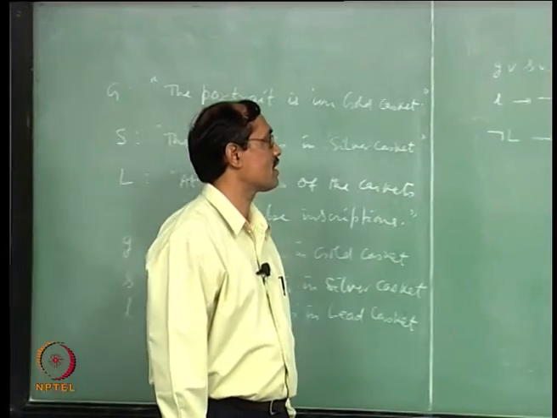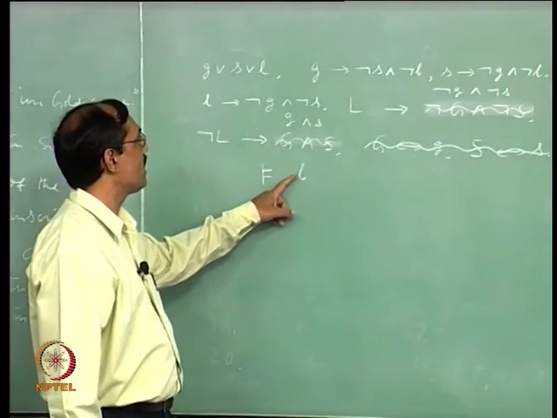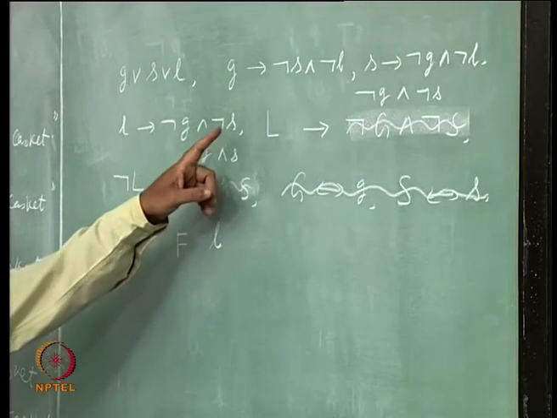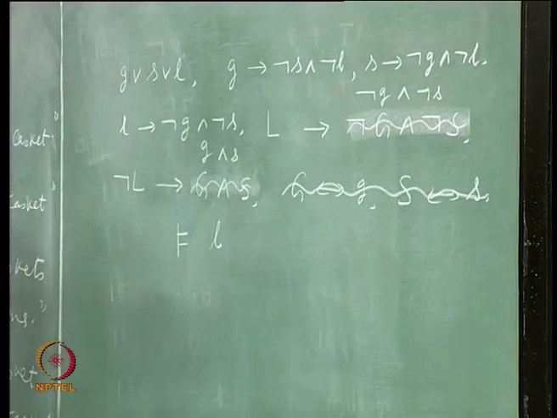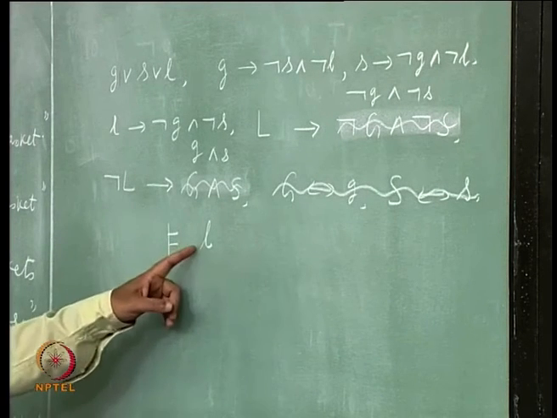Where from should we start? So, once you want to prove small l, where from will it follow? You have to check that. Where from will it follow? Small l.